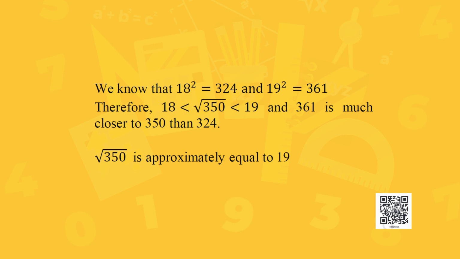But we also know that 18 square is equal to 324 and 19 square is equal to 361. Therefore, 18 is less than square root of 350, which is less than 19, and 361 is much closer to 350 than 324. So the square root of 350 is approximately equal to 19.